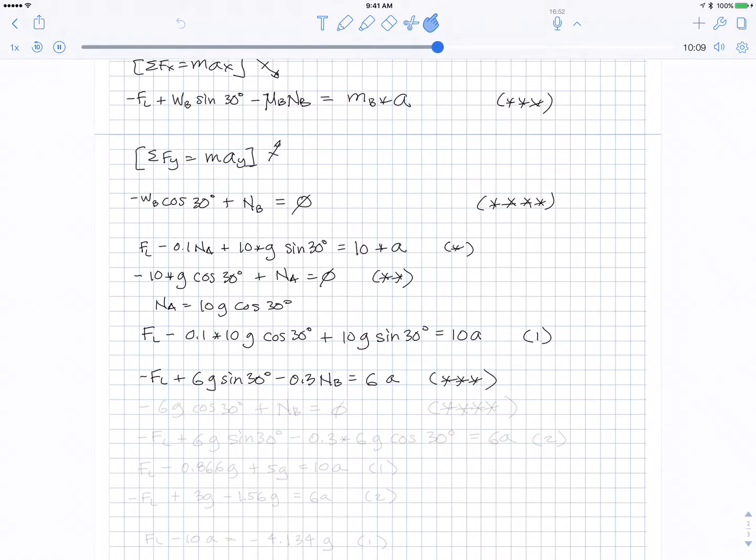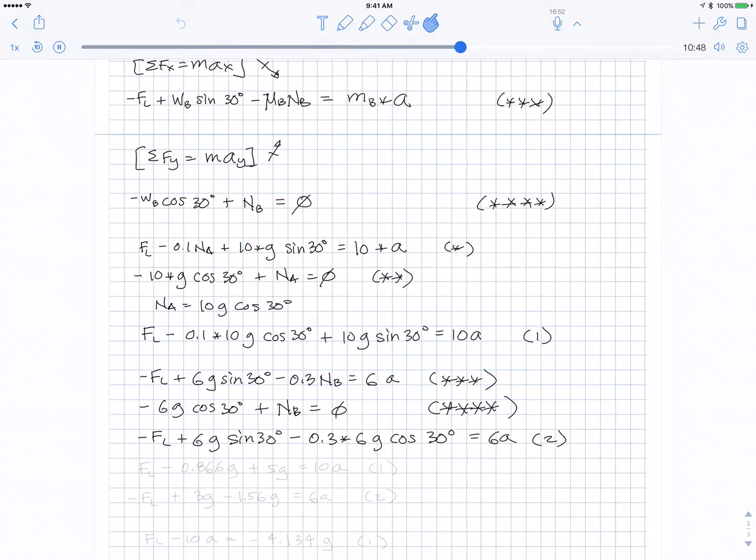Equation 4 gives minus 6G cos 30 degrees plus NB equals 0. Again, I'm going to put equation 4 into equation 3, so NB is 6G cosine 30. So we get minus FL plus 6G sine 30 degrees minus 0.3 times 6G cos 30 degrees equals 6A.